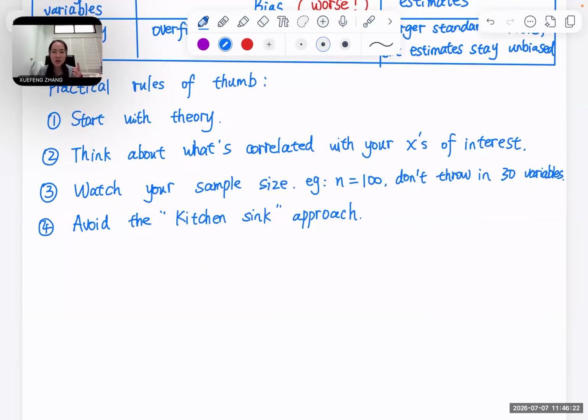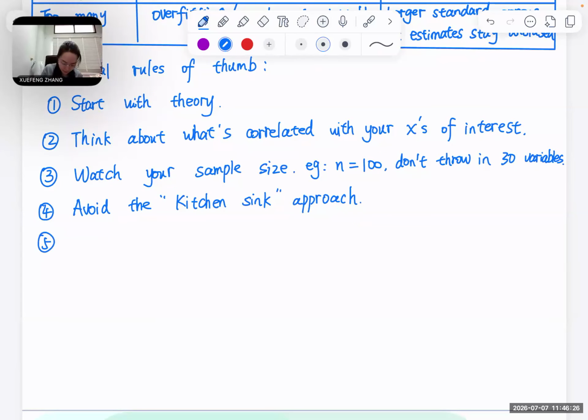Next one, check R squared carefully. R squared always increases when you add variables.